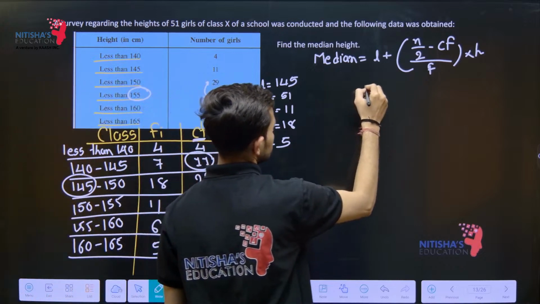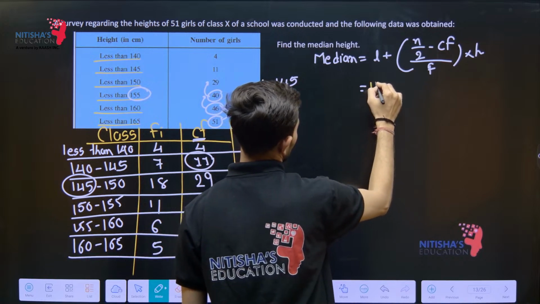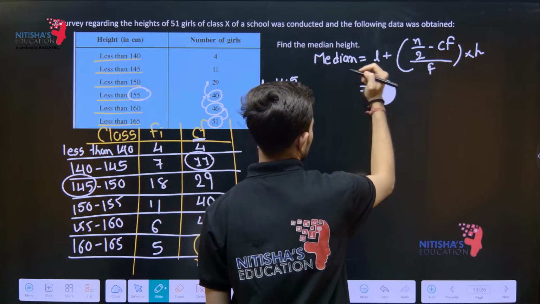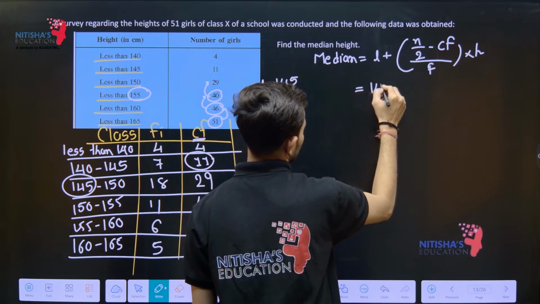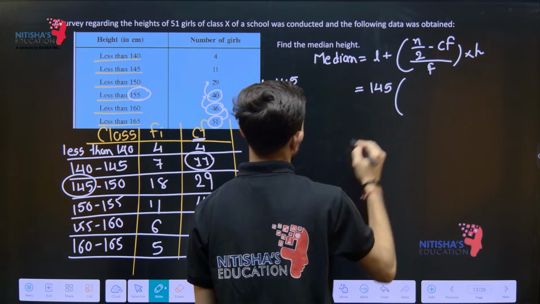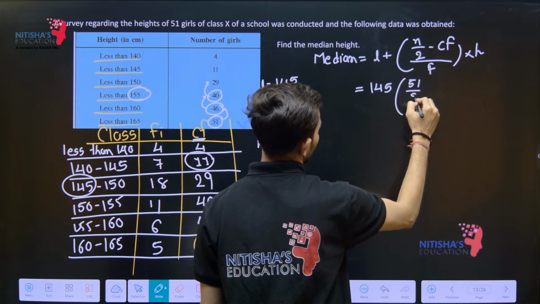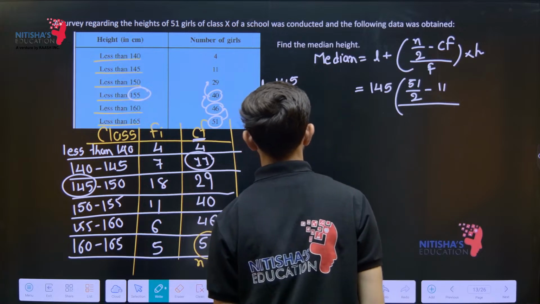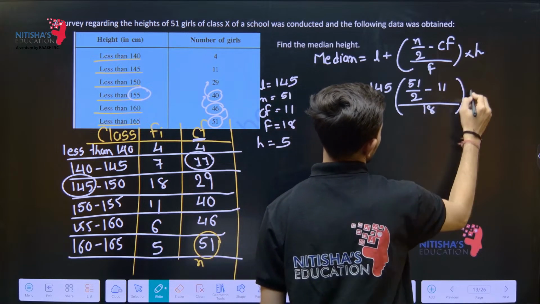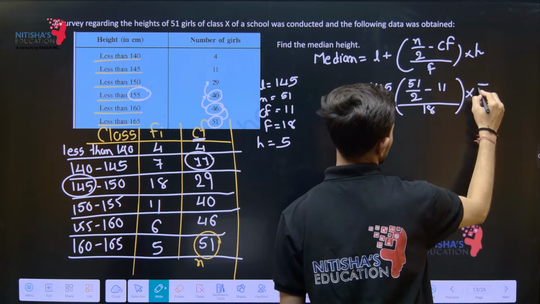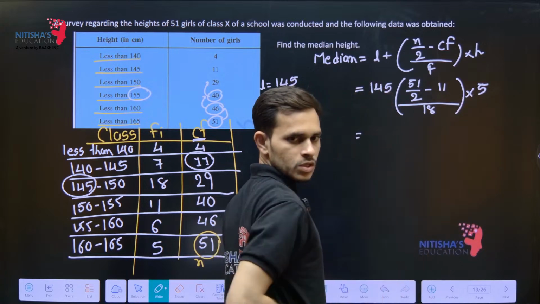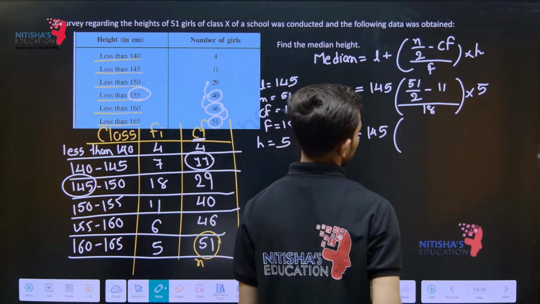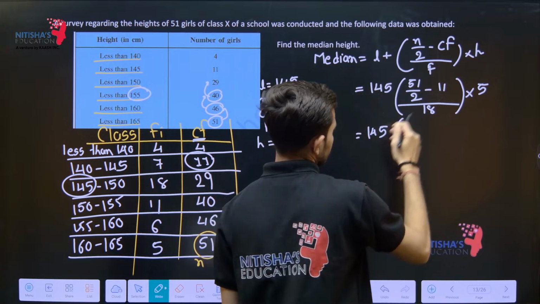Now let's place this into our equation. L is equal to 145 plus (51 upon 2 minus 11) divided by F, which is 18, into H, which is 5. Here what we can do is take the LCM.